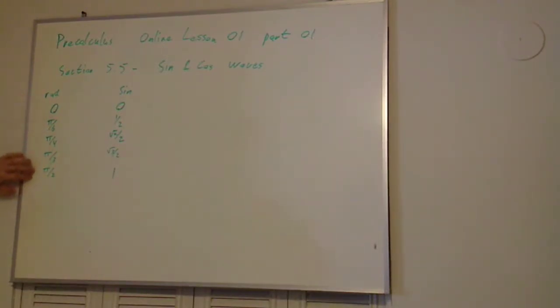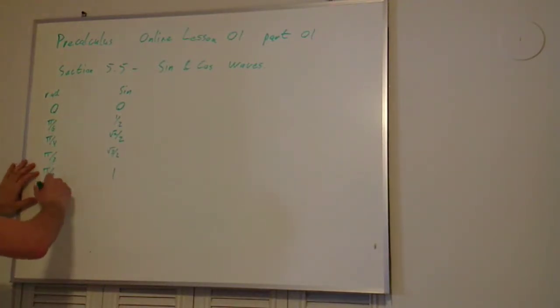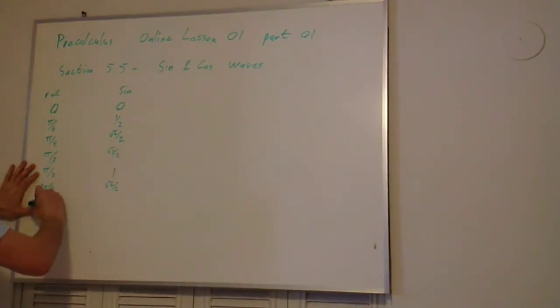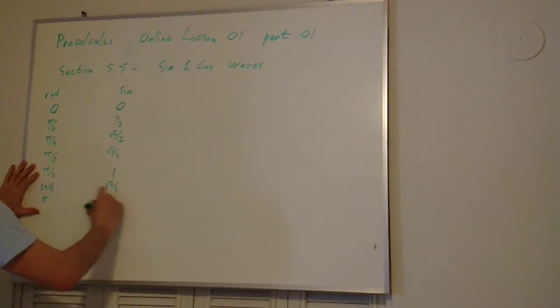I'm going to keep going around the circle, getting the sine values in a big list. I'm just going to start skipping the 30s and 90s to condense this list a little bit, because space is kind of obviously an issue. So after this, I'm going to go to 3 pi over 4, and I'm going to get root 2 over 2. Then I'm going to go to pi and get 0.